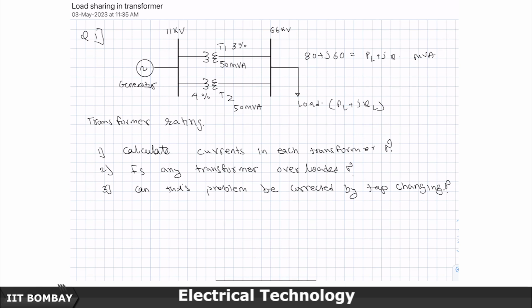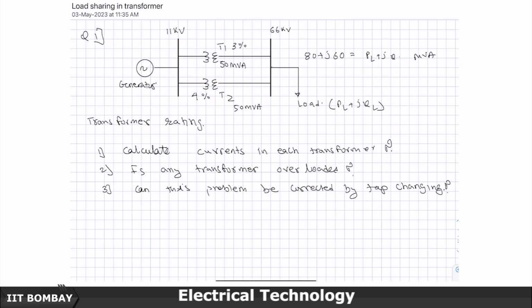The question is, if the transformer impedances were identical, then of course the current would share equally between them, and this 100 MVA load would be distributed as 50 MVA on this transformer and 50 MVA on this transformer. Both transformers would be loaded 100%, with the best utilization of equipment and complete supply of power.